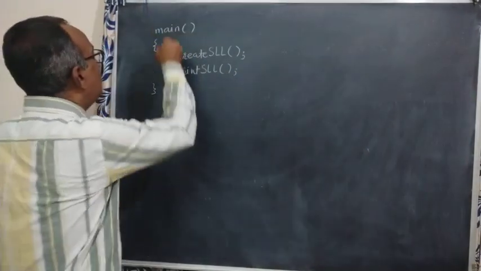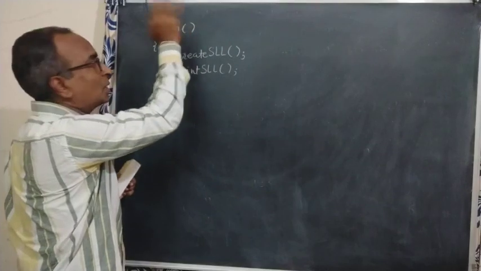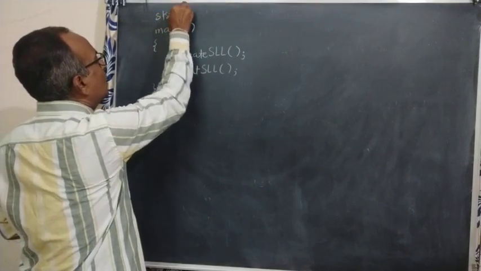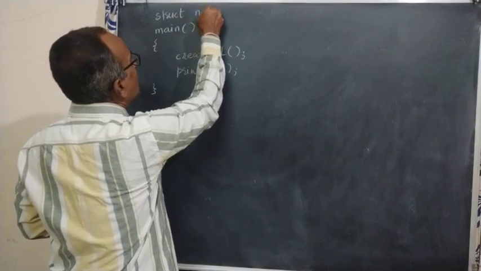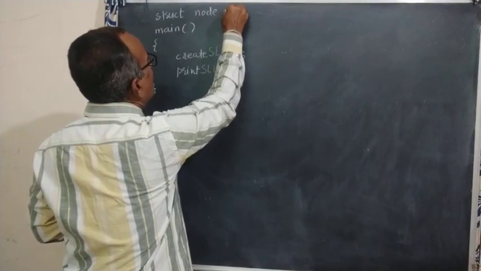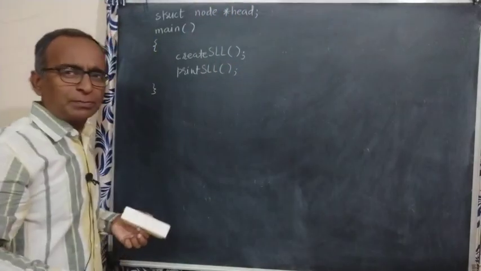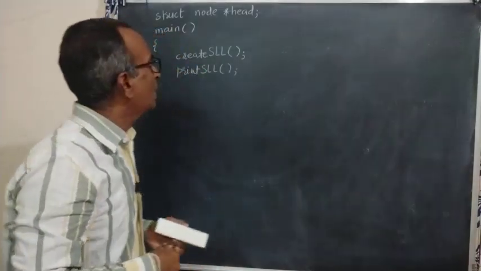So when it is global, before this you have declared the structure. Just I am making this frame for this program. Struct node star, I'll take the identifier as head now. Head, which should point to the first node.